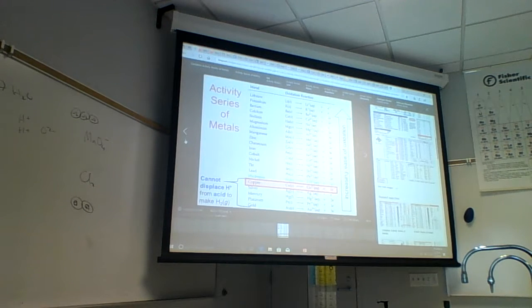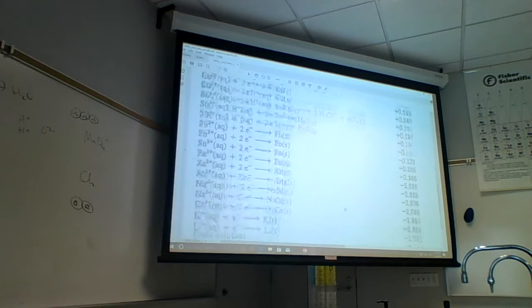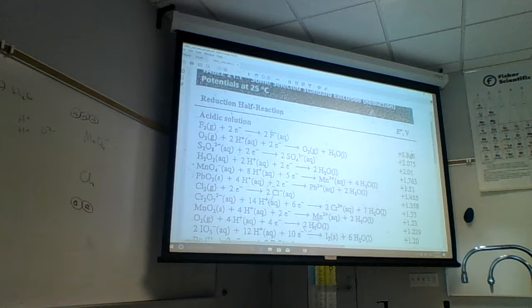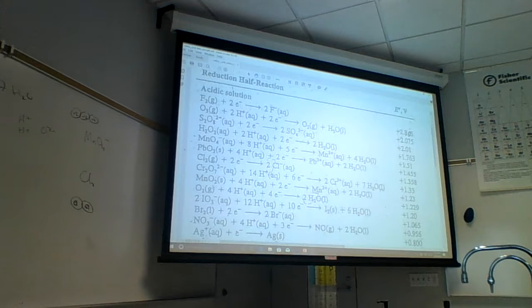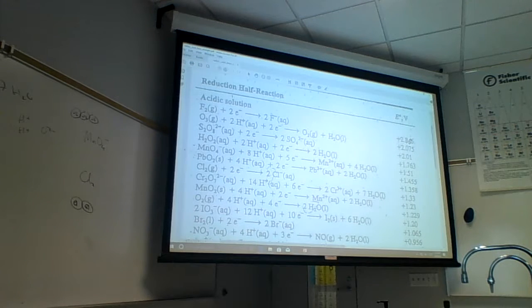The way they memorize it, top left is strongest oxidizer. But if I gave this chart and they said top left is strongest oxidizer, they'd be wrong. They'd be right here. Top left is the strongest oxidizer. No problem with that.